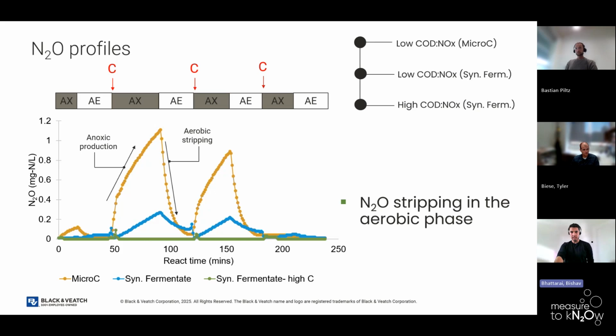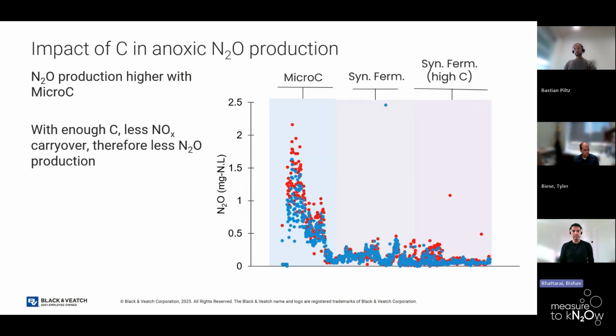We looked into that in months of data and saw that with micro C, we were seeing significantly higher nitrous oxide, which was being accumulated in the liquid phase. And when it goes to the aerobic phase, that was getting stripped out. So we were seeing a little bit higher risk using micro C as the carbon source in terms of nitrous oxide production and subsequently the emission as well.